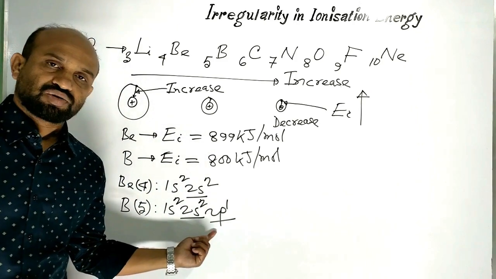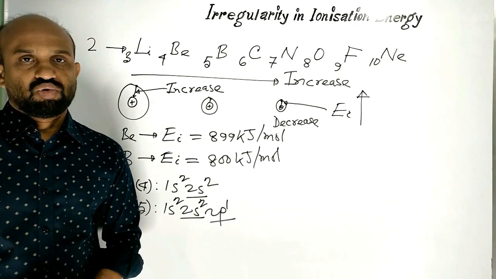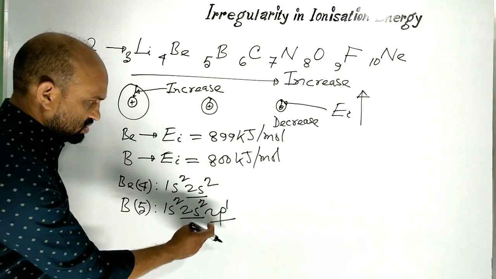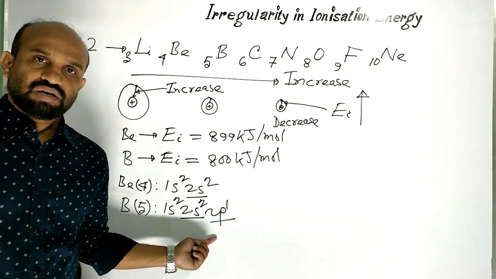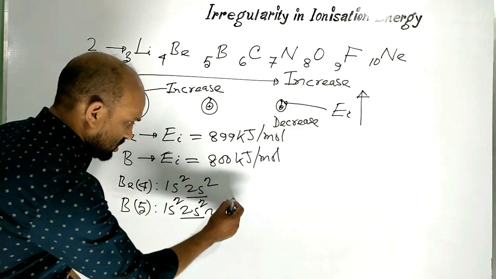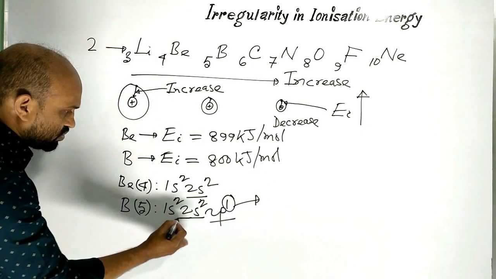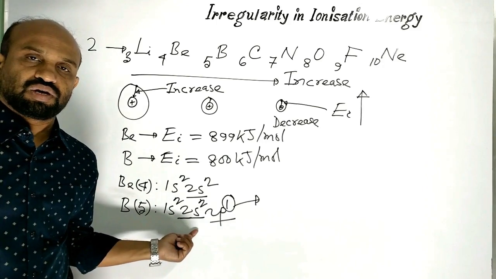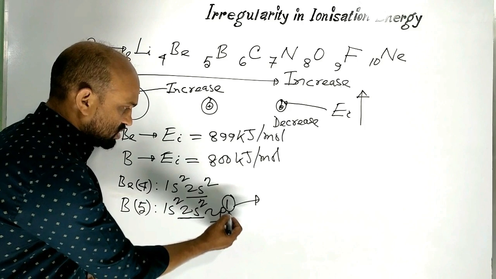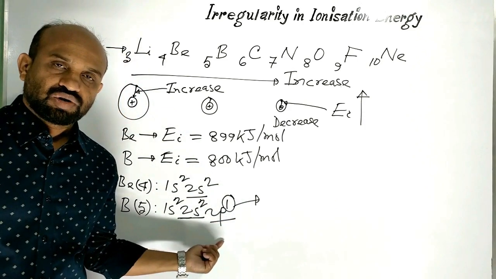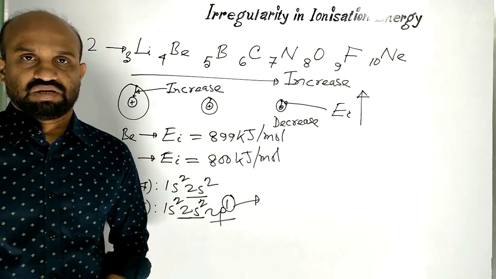This type of electronic configuration is unstable. On the other hand, when this electron is removed, boron gets stable electronic configuration. So, removing this electron from 2p orbital is a bit easier.